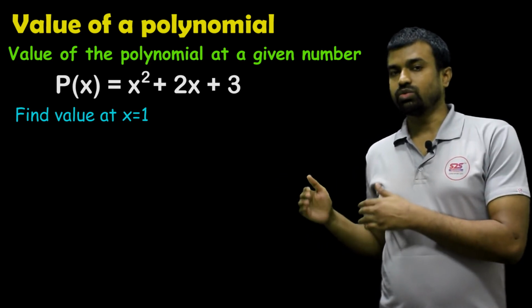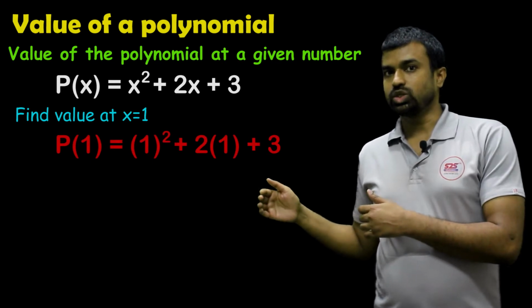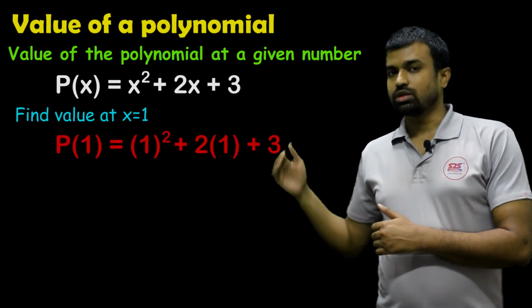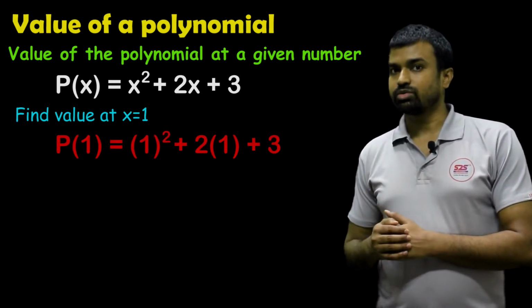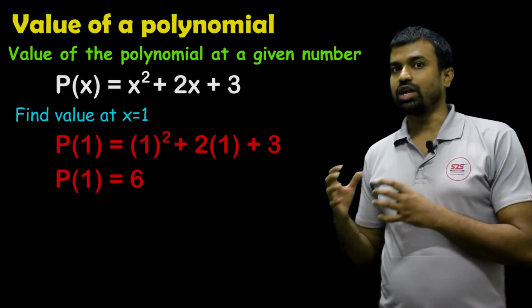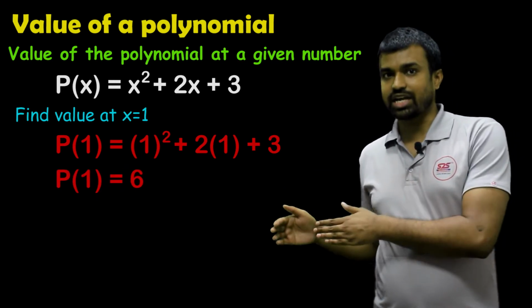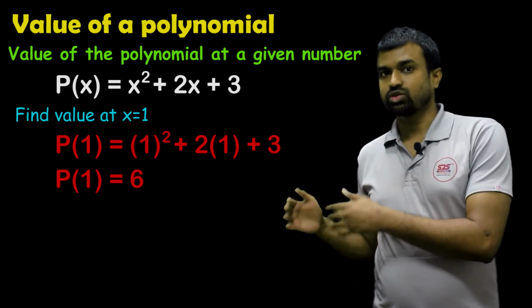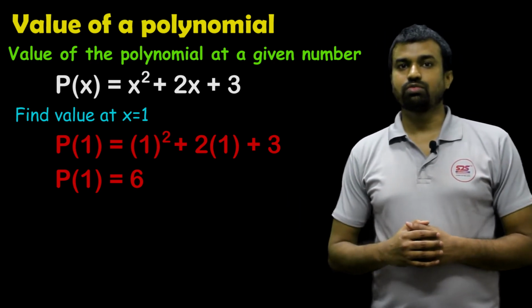So this will be equal to 1 square plus 2 into 1 plus 3. After solving this, whatever we get will be our value of that polynomial at the given value of x. So this is the value of a polynomial.